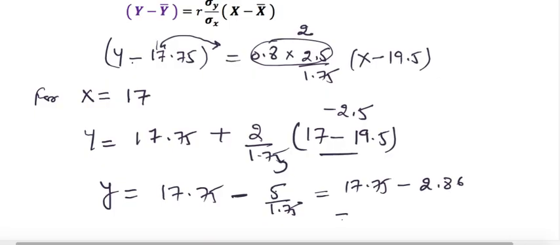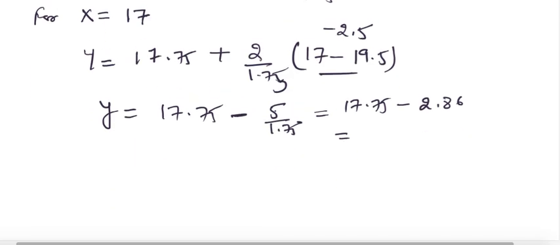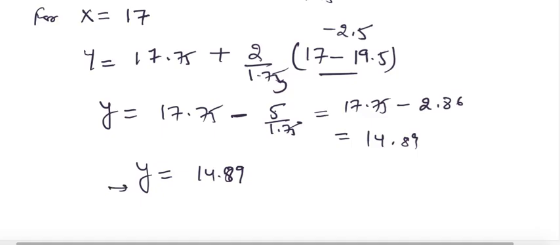So after simplification we can find this value as 14.89 approximately. So we have predicted the price of rice at Madurai to be 14.89, when the price of rice at Chennai is 17.